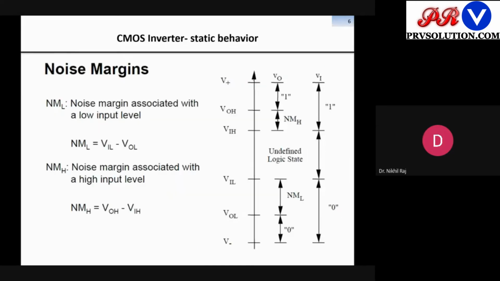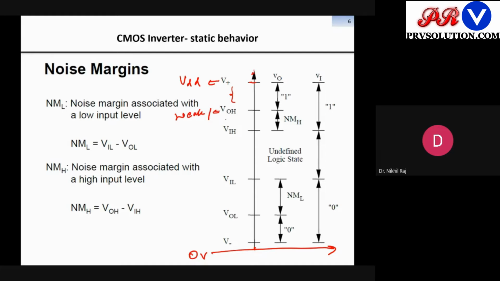So if I define the noise margin, if this is the zero potential, 0 volt, and from here to here let's say V plus is nothing but VDD. Now from VDD, due to device tolerance, let's say this is your weak one.